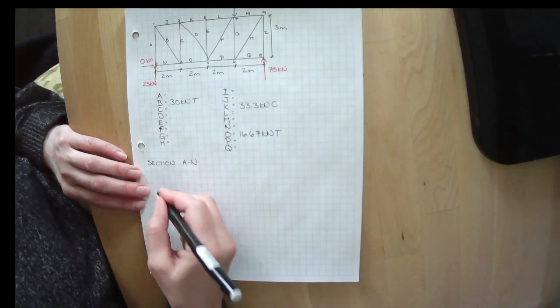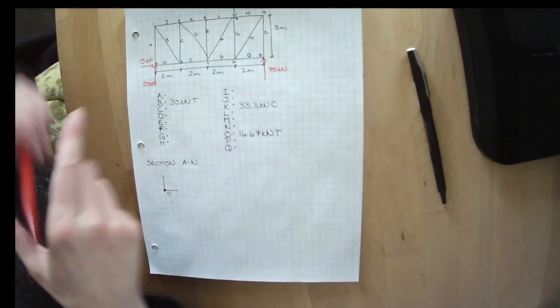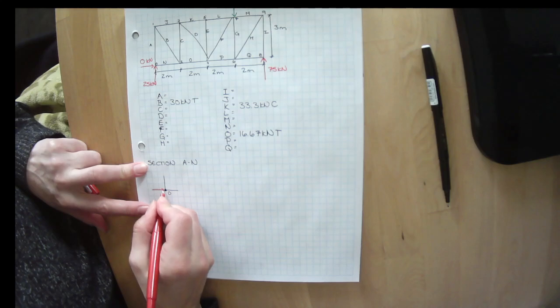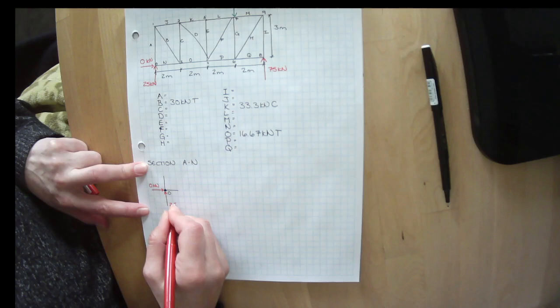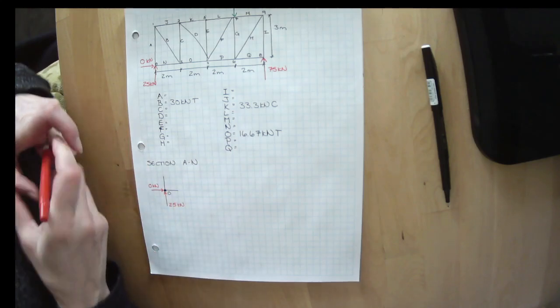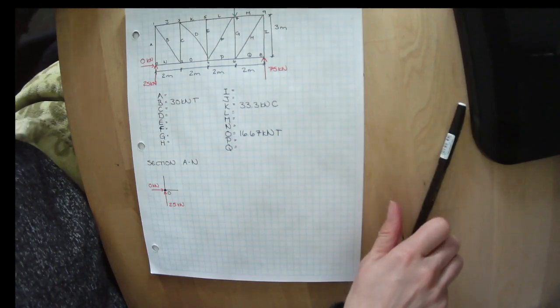I'm cutting through N, and I'm cutting through A. I have 0 kilonewtons here, and 25 kilonewtons here.